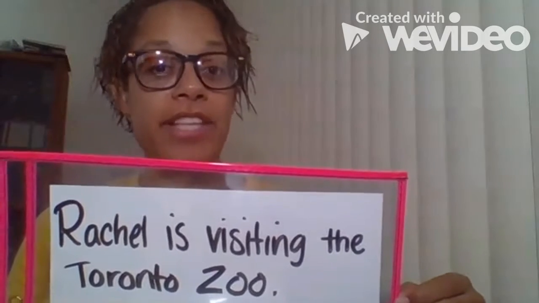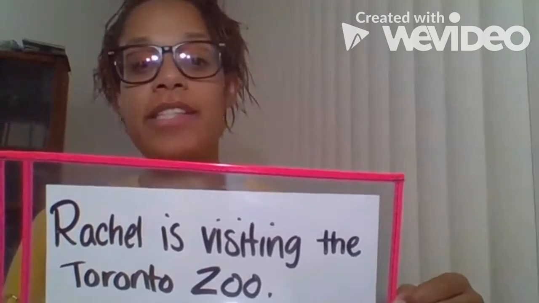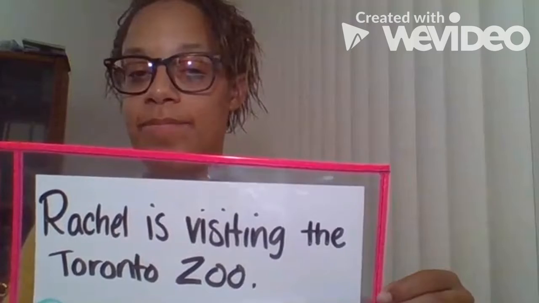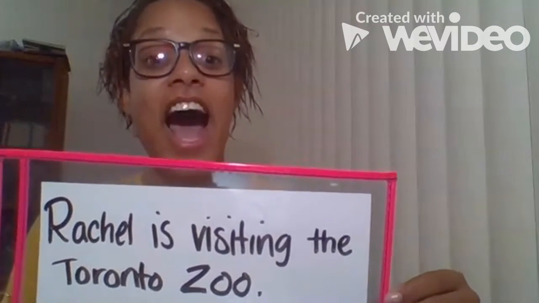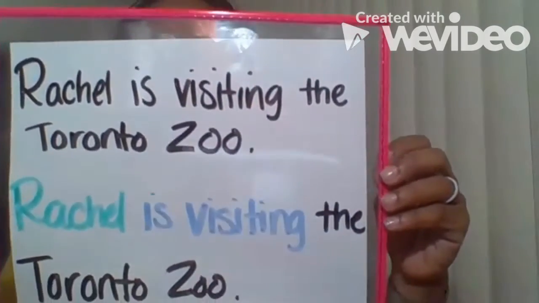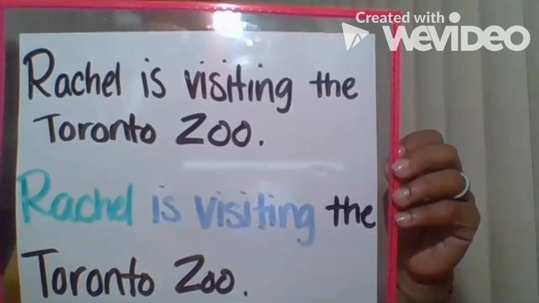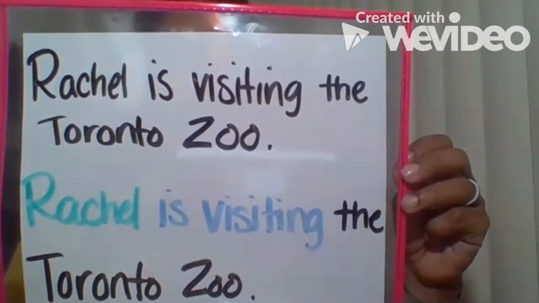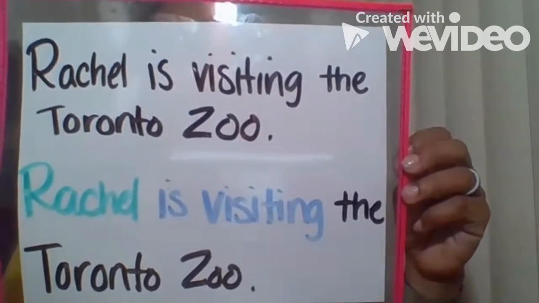Remember, the verb phrase falls in the predicate part of our sentence. Now, what is the subject of the sentence? Did you say Rachel? If you did, excellent. I have color coded the verb phrase and the subject. The subject's in green and the verb phrase is in blue. Rachel is visiting the Toronto Zoo.